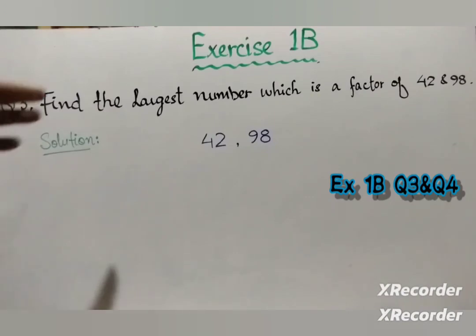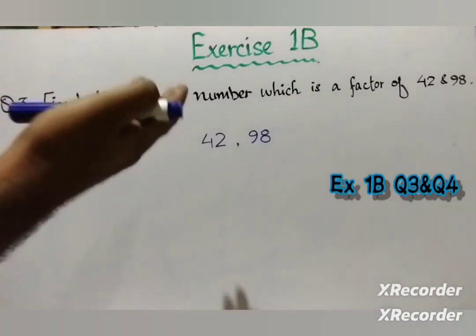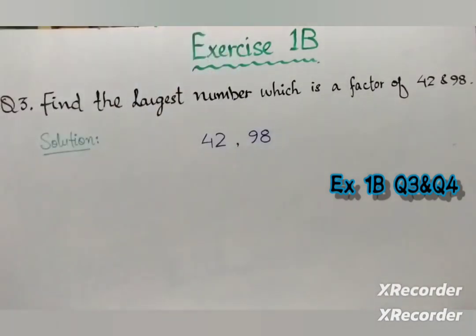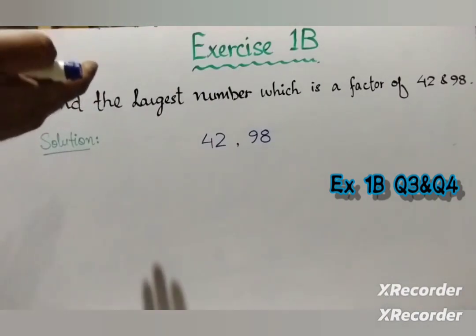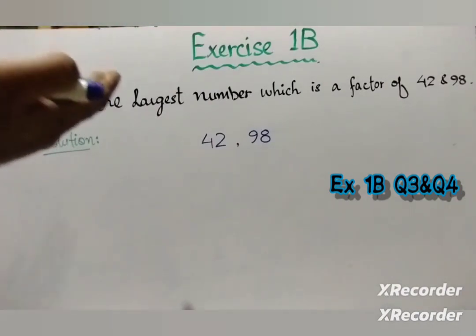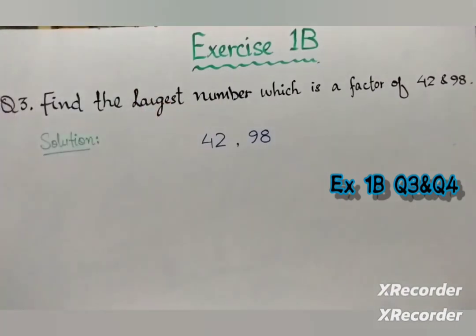Moving further to question number 3 from exercise 1B. Find the largest number which is a factor of 42 and 98. In this question, what is asked is to find the SCF of these two numbers.